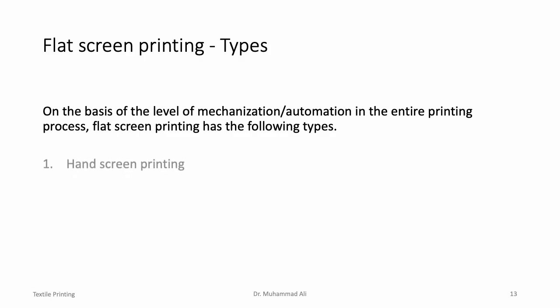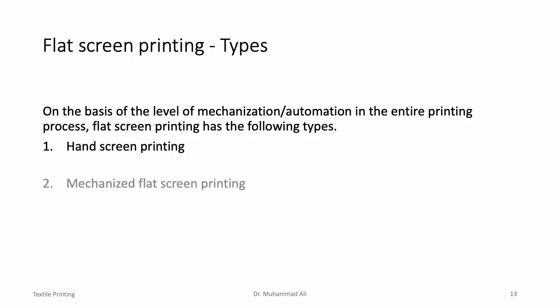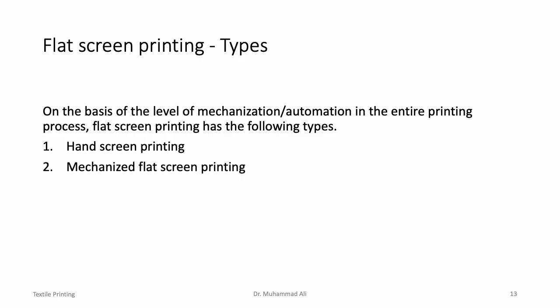So on the basis of this factor, we have the first type of flat screen printing, which is known as the hand screen printing. We have what is known as the mechanized or semi-automatic flat screen printing process, and then a third variant, which is the fully automatic flat screen printing process.